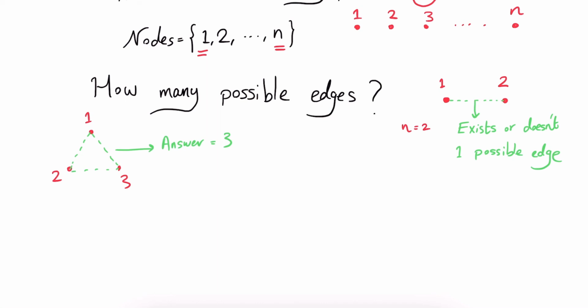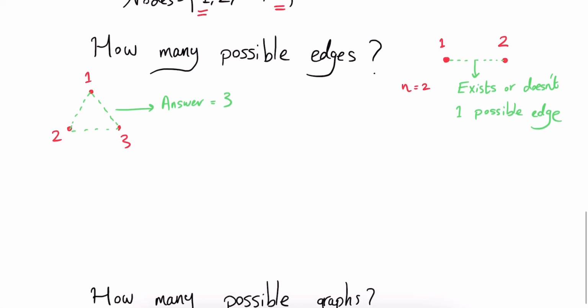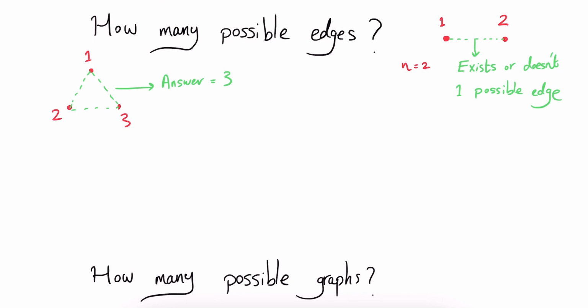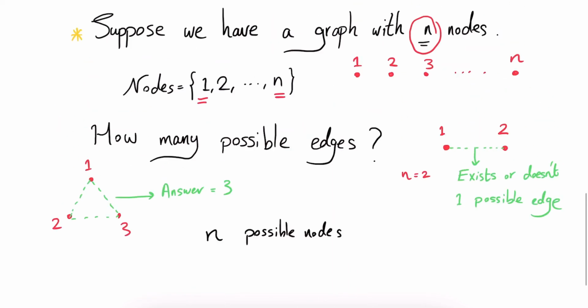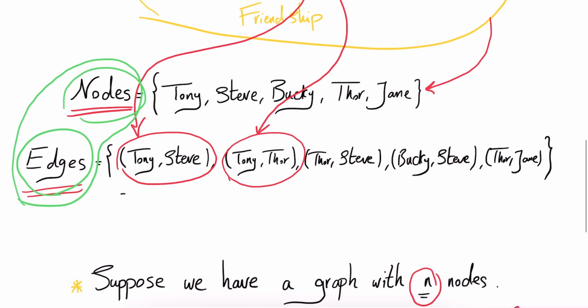Alright, so in this case, this is how we get the answer. So we have n possible nodes. But what forms an edge? As I described earlier, an edge is basically a pair of nodes.